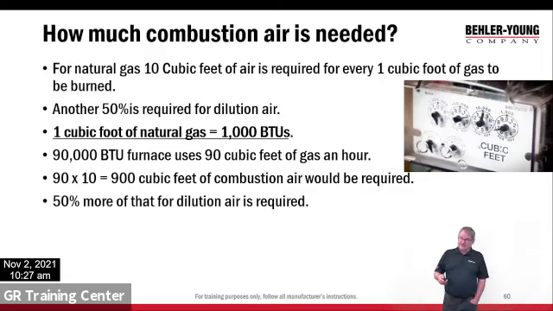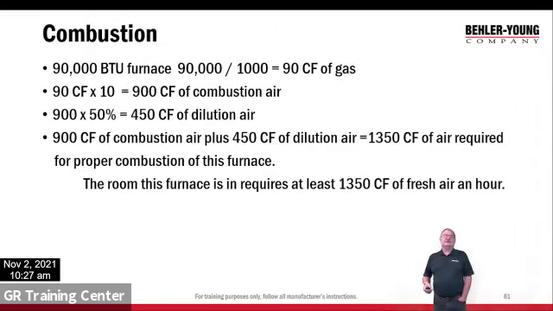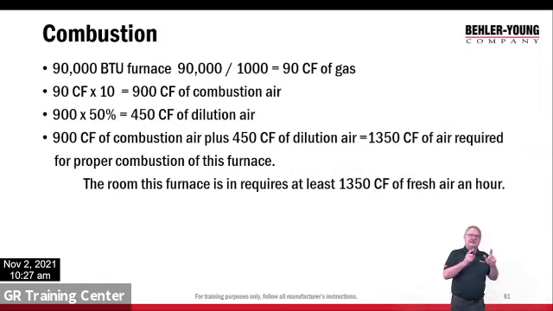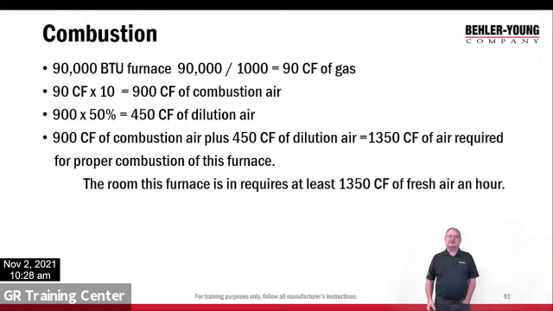I need an additional 50% for dilution air. So let's look at this again. 90,000 BTUs divided by 1,000 BTUs per cubic foot of gas is 90 cubic feet of gas. So 90 cubic feet of gas times 10 cubic feet of air is 900 cubic feet of combustion air. So 900 of those cubes.